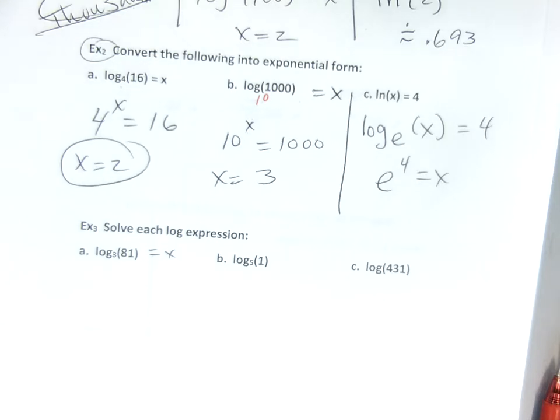To solve it, let's change it to exponential. What's my base? 3 to the x equals 81. 3 to the x equals 81.